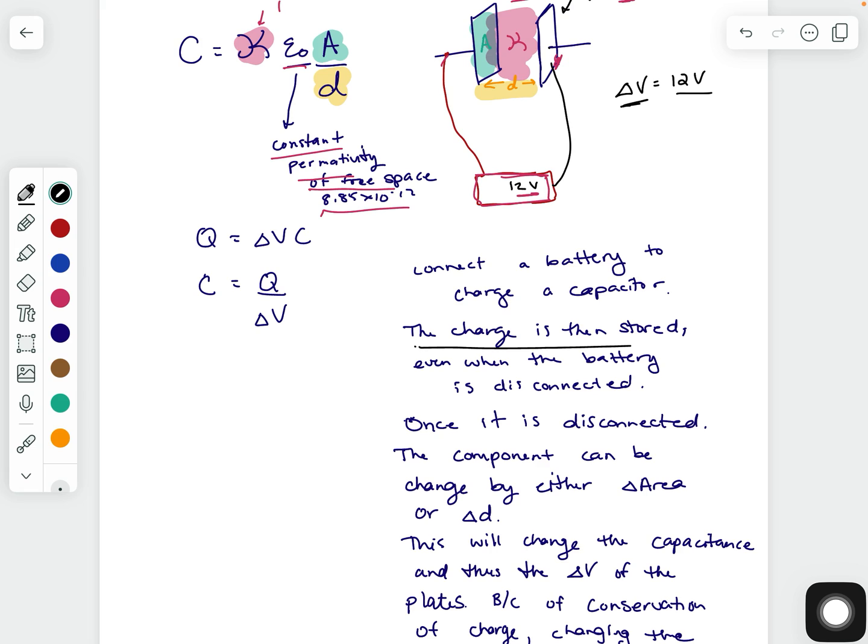Almost as soon as we turn it on, although there is a calculable amount of time it would take to charge it, the charge will be stored. Then, once it's stored, we could disconnect the battery, and it is going to keep the charges stored on the plates.